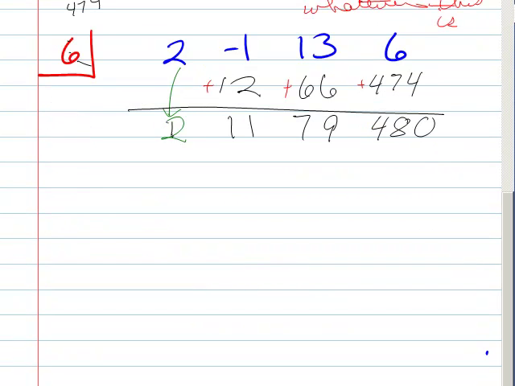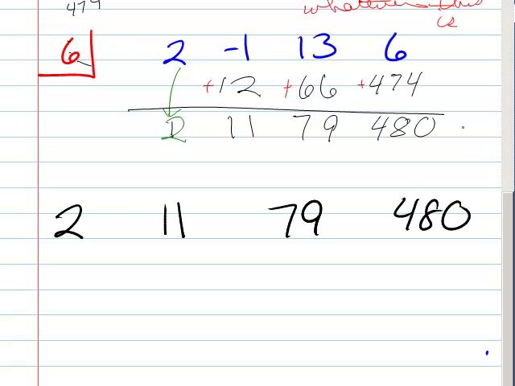All right, so now what we've got here is a 2 and an 11 and a 79 and a 480. This 480 right here is our remainder. This 79 is our constant term.